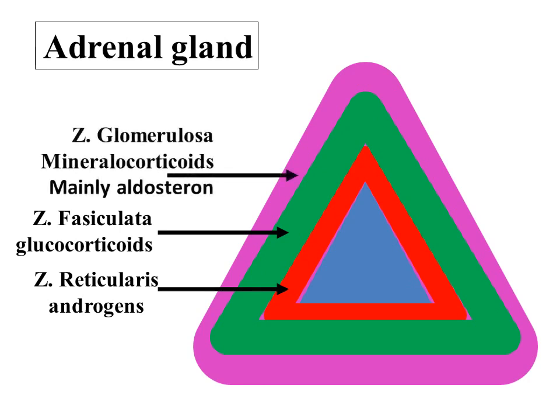Zona glomerulosa secretes aldosterone, and its secretion is increased by angiotensin 2.